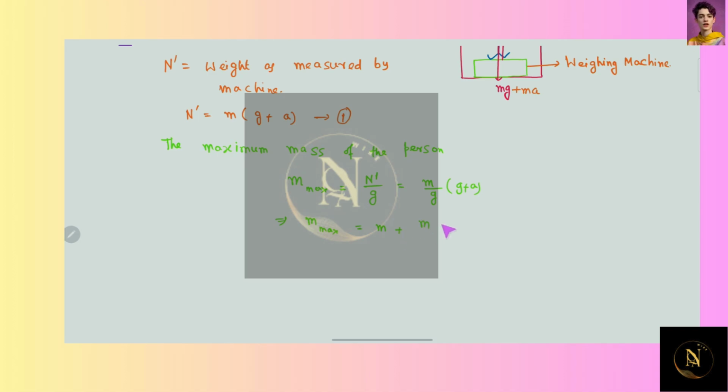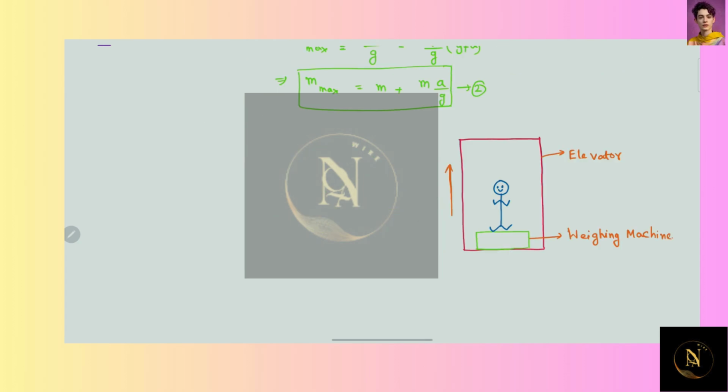When the elevator moves upward with a deceleration, we will denote the deceleration of the elevator as minus a. In that case, on the person, the pseudo force will be acting in the same direction as the direction of motion, as the elevator is having deceleration.